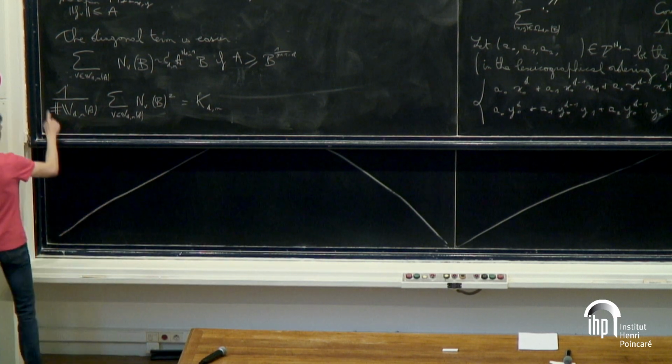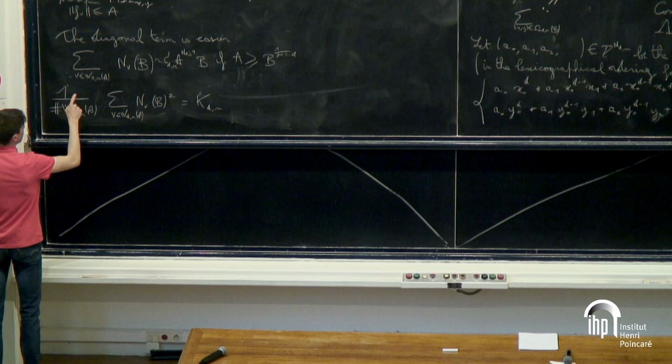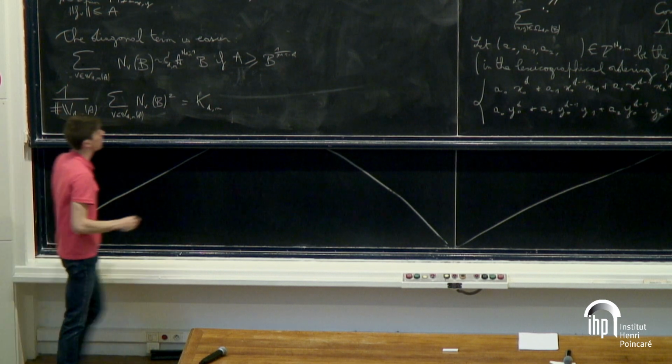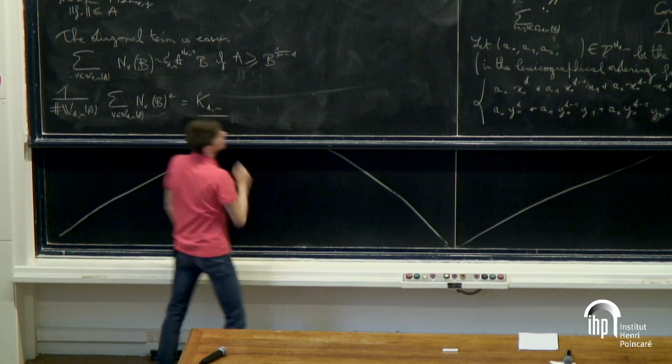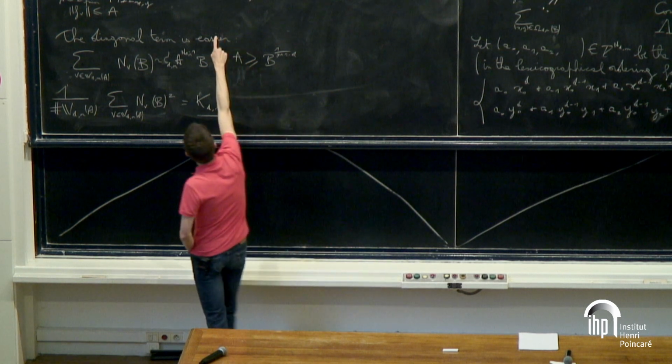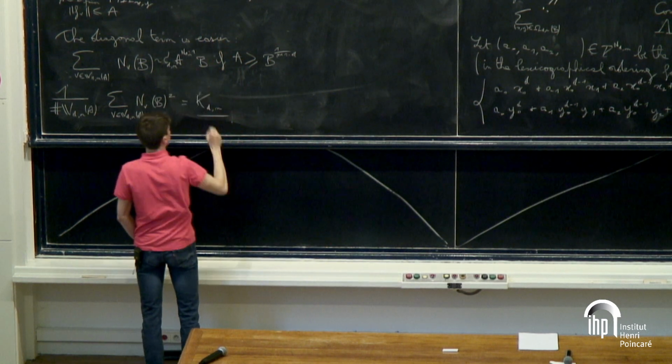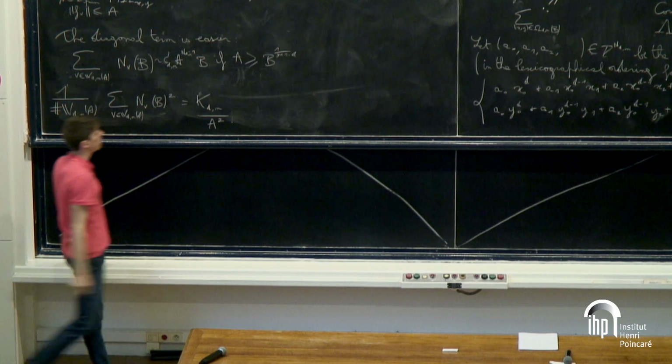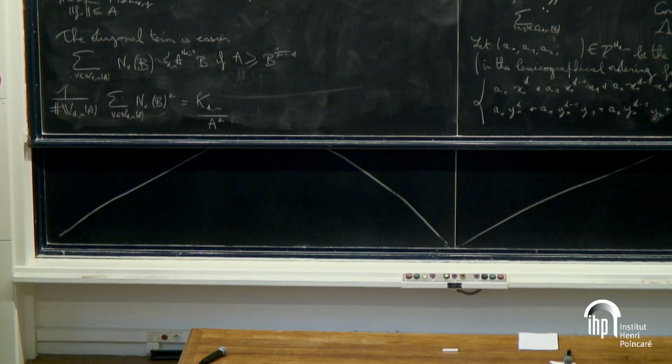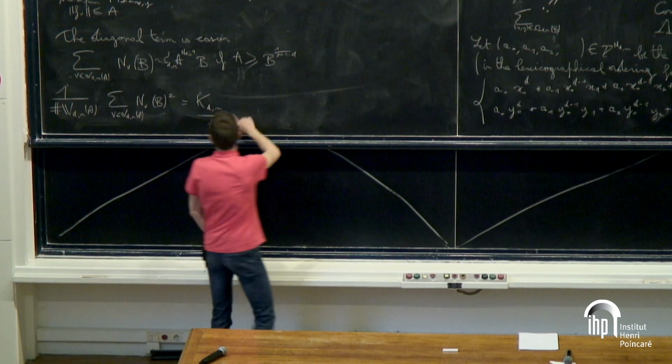So that thing has size 1 over A to the capital N dn. And here we had capital A to the capital N dn minus 2. So we have a power 2 for A, which ends up here.